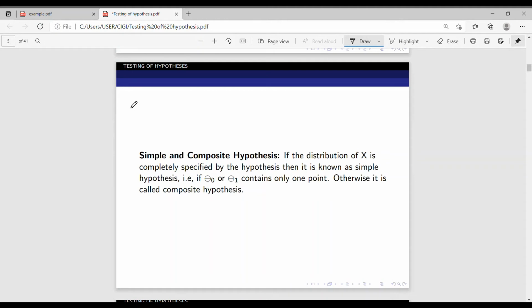Again taking an example of a normal distribution with mean theta and variance 1, suppose we are testing the null hypothesis that theta is equal to a known value theta naught. The null hypothesis H naught: theta equal to theta naught, against H1: theta equal to theta 1.